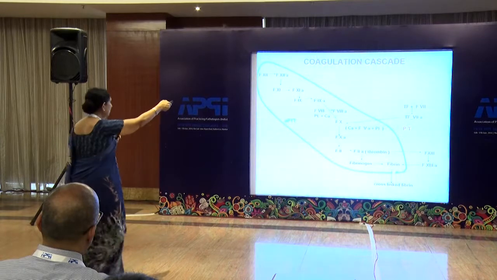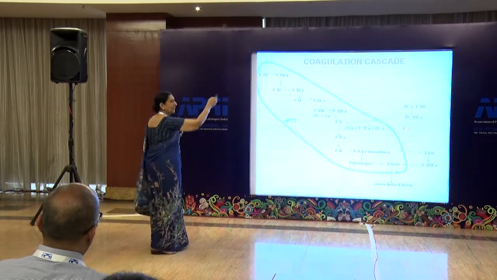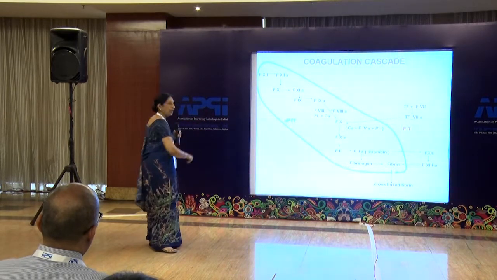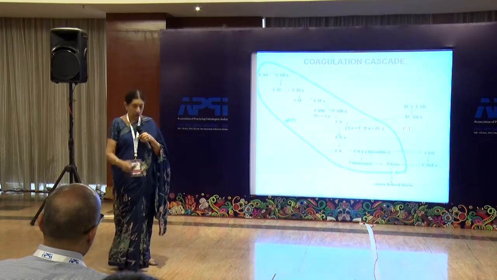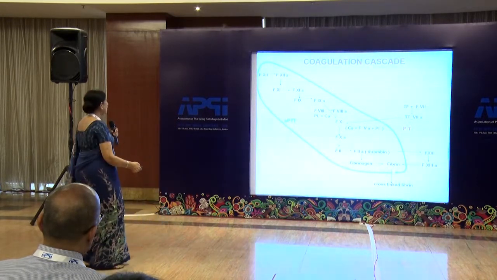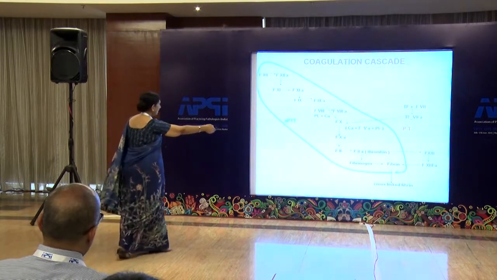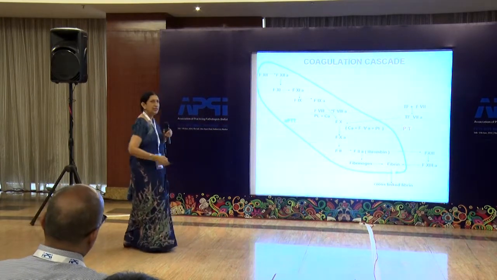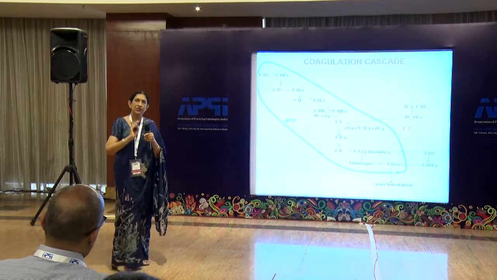But if your prothrombin is prolonged, then the only culprit is factor 7, because all others have been tested by your APTT. The only thing is, both these tests do not take any cognizance of factor 13, which is out of PT as well as APTT.